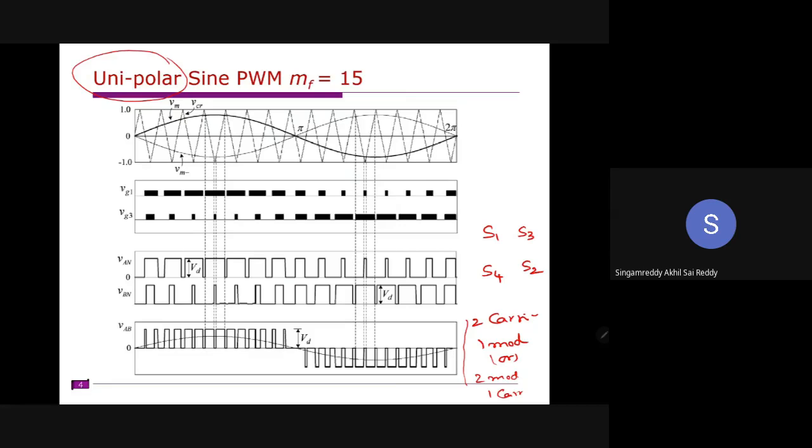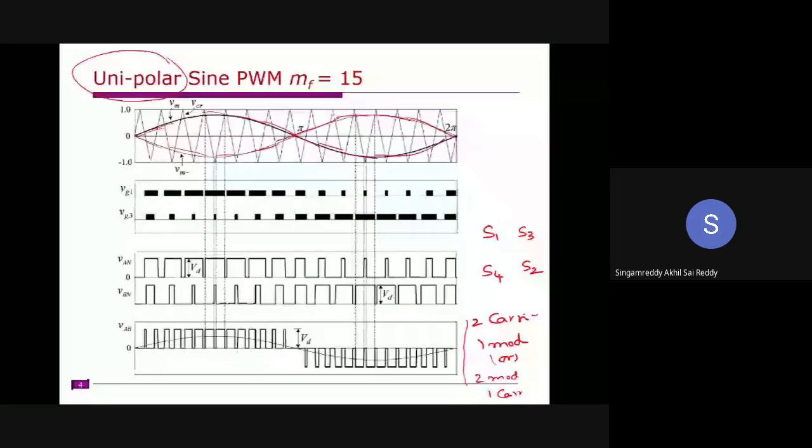When you are considering two modulating signals or two carriers, those two must be in opposite direction, with a 180-degree phase shift. I considered two modulating signals and one carrier. Here this is the first modulating signal, and this is the second modulating signal, which is phase opposite to the first one.